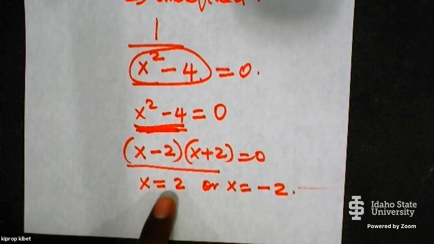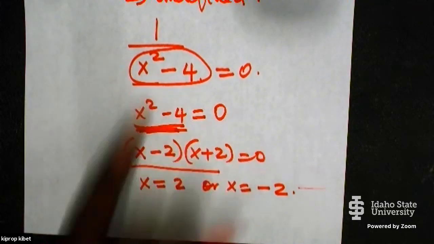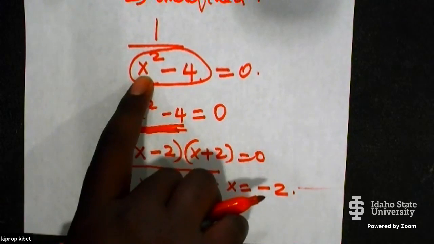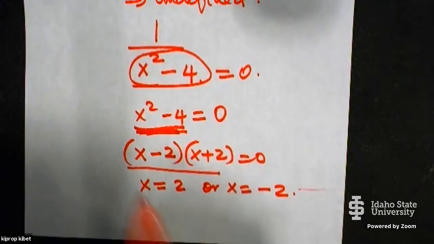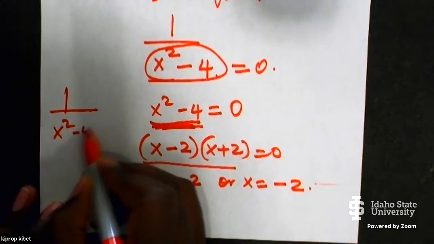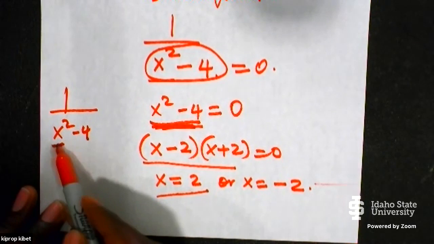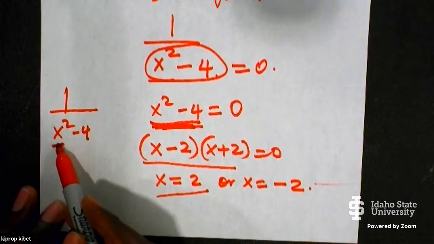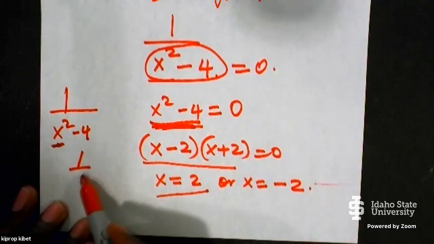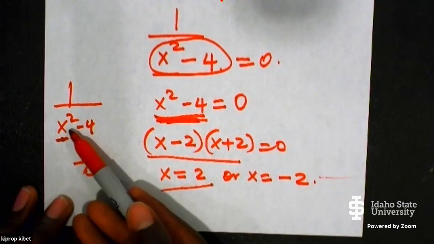So when we bring x equals 2 into 1 over x squared minus 4, we get 1 over 0, because it will be 2 squared minus 4.